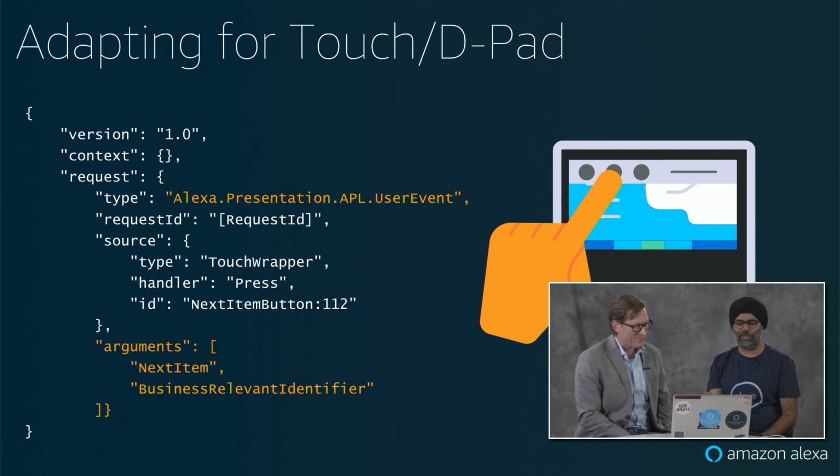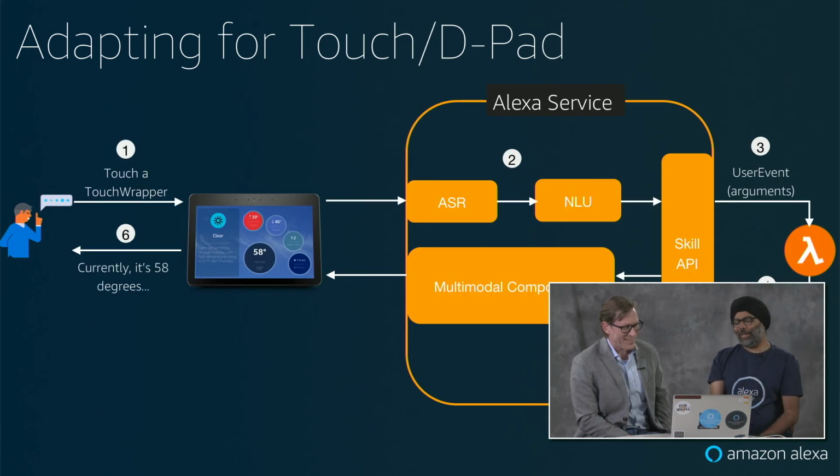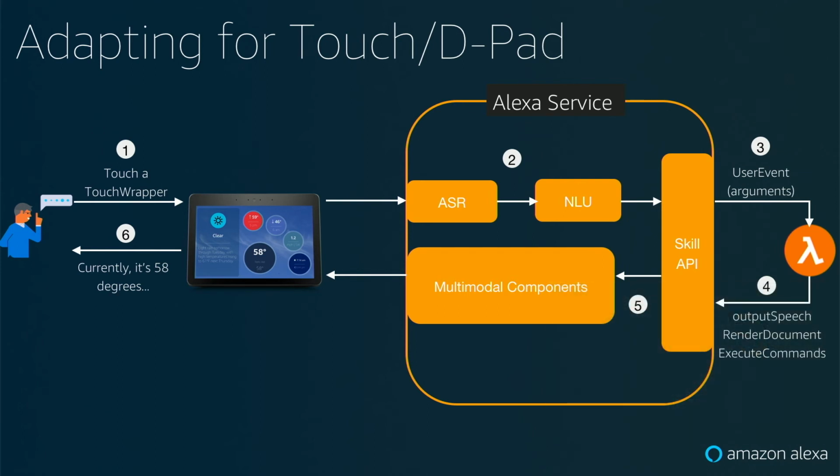Did I say I wasn't very creative? I'm not very creative. So going back to that example of what a skill flow looks like, well, here we go. You touch a touch wrapper in this case, and all of the same things happen. The only difference in this case is the touching a touch wrapper and the skill getting a user event. It can still respond with voice, with another APL document, with whatever you want.